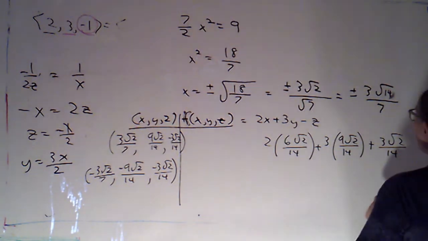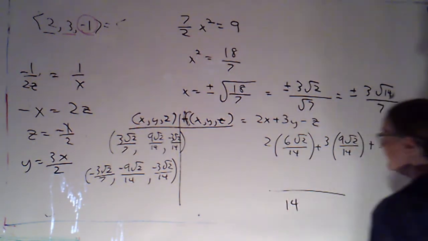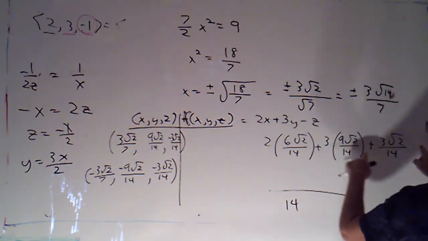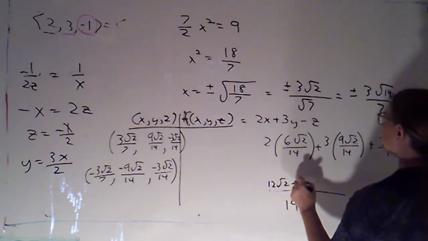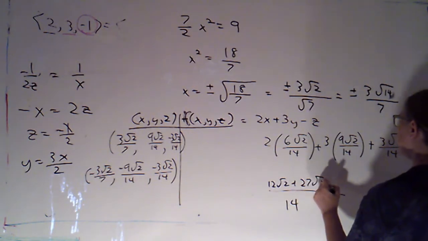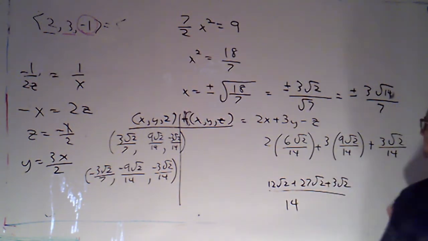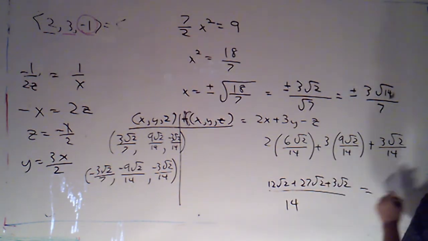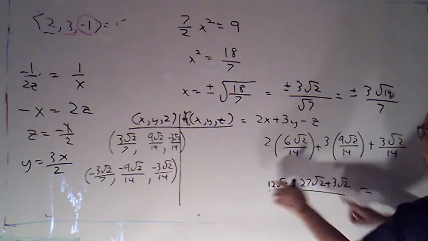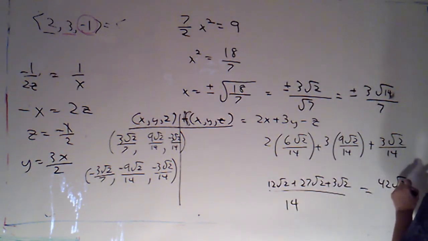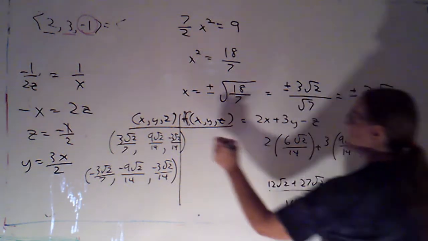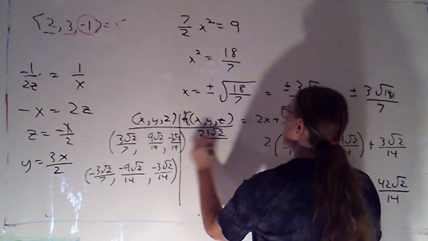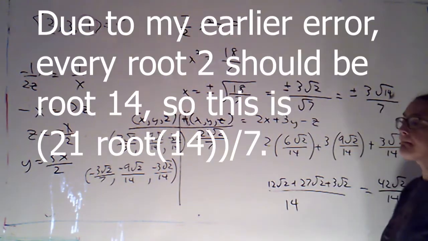Okay. So it's all going to be over 14. And I've got some root 2's. So here I've got 12 root 2 plus 27 root 2 plus 3 root 2 all over 14. Let's see, that's 42 root 2 over 14. And I can just reduce that. That's going to be 21 root 2 over 7.